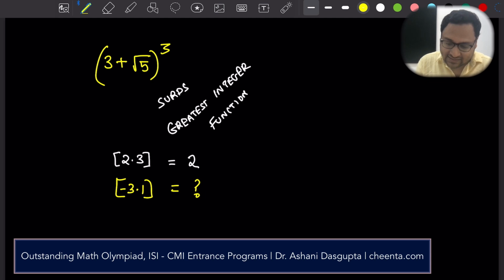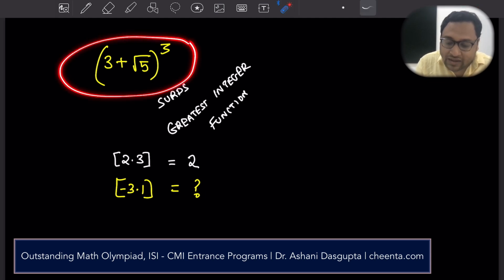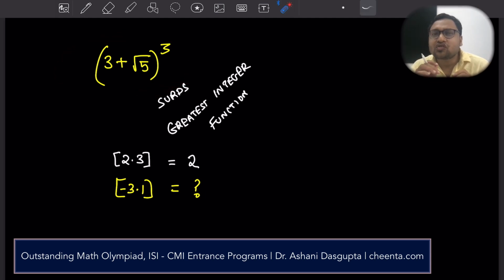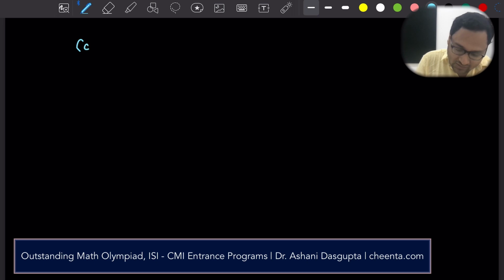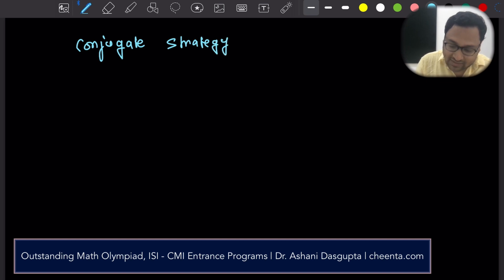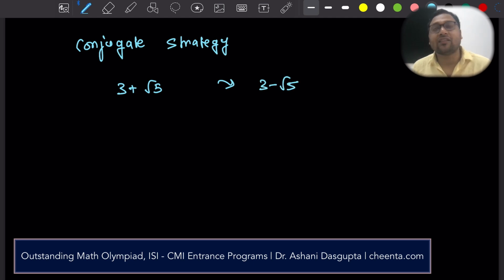All right, let's go back to this. So (3 plus root 5) raised to the power 3. There is a trick that you can use to solve this sort of problem. It's called the conjugate strategy. What it essentially does is, if we have 3 plus root 5, then the conjugate of it is 3 minus root 5.